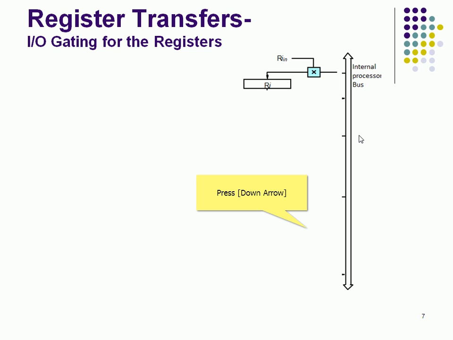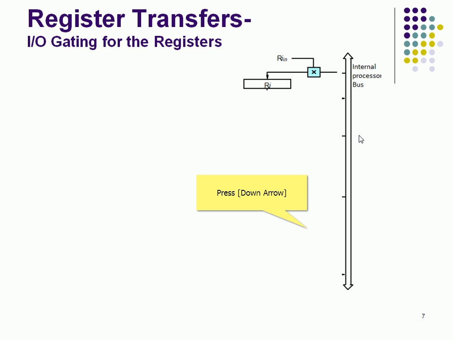Here we take an example of Ri, right? Ri is connected to the bus. If you connect it directly, then any data may rush into this Ri. Instead of doing so, we can put in a control valve, that is, a gate will be fixed here.